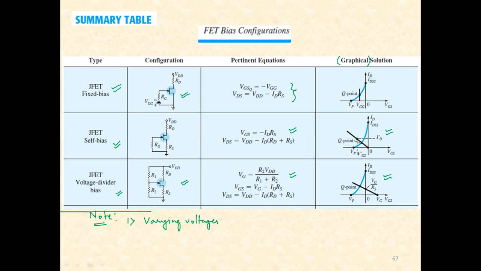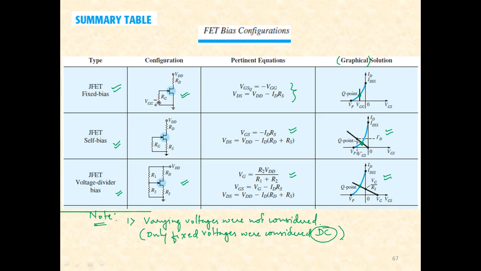We stuck to only fixed voltages, and whenever we say fixed voltage, we mean DC voltages. Only because fixed voltages were considered, the Q point that we got, in any of the configurations, is fixed. There is just a single Q point.